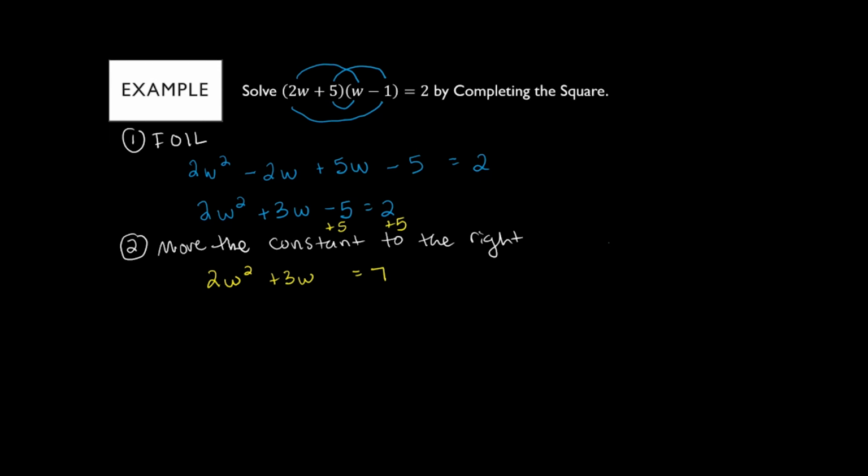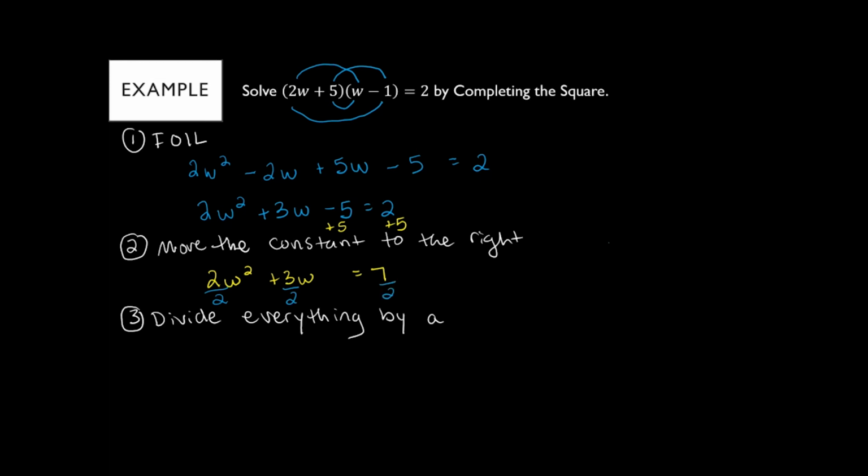Now I need to have the w squared have no number in front, basically be a 1, not a 2. So I have to divide everything by 2, which is a in standard form. So step 3 would be to divide everything by a. So the 2 over 2 cancels.